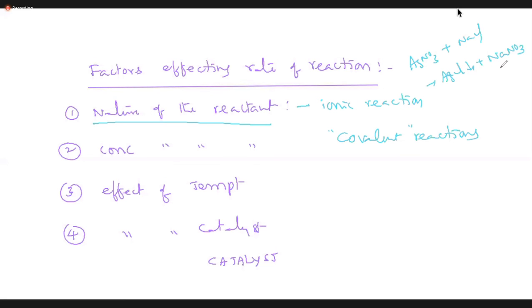Ionic reactions are faster than covalent reactions because covalent compounds should undergo bond breakage and new bond formation, which is a time-taking process.